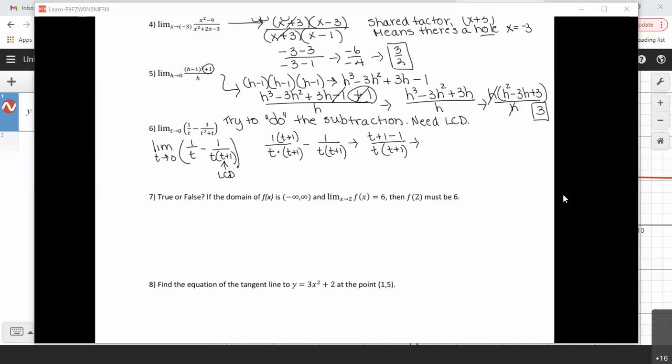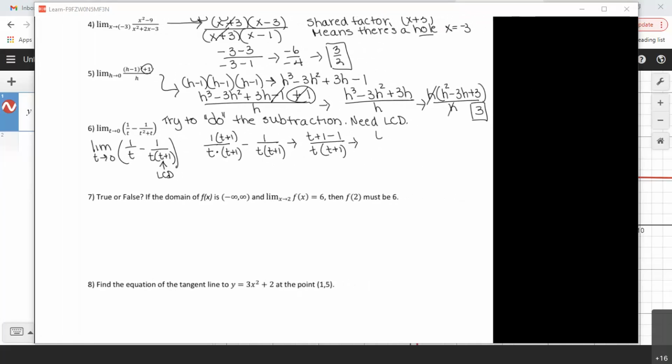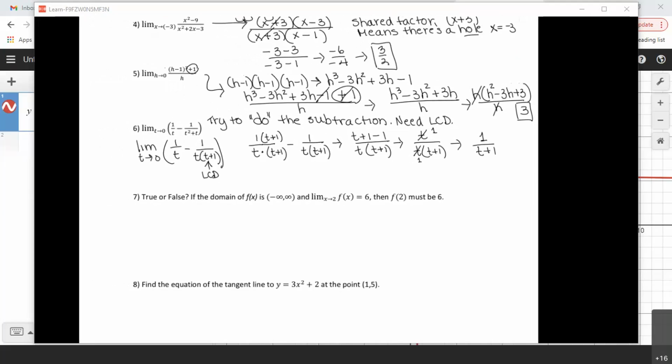Well, I think you can see that the plus 1 minus 1 cancels. So this gives me t over t times t plus 1. And now I can cancel out the t's, which leaves me a 1 up here and a 1 down here. So I have 1 over t plus 1. Now I can take the limit of this without a problem as t approaches 0 by just plugging it in.